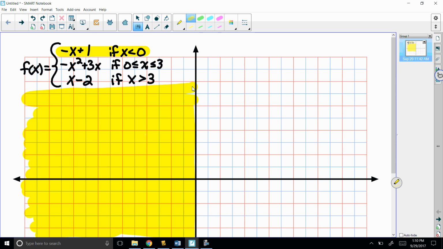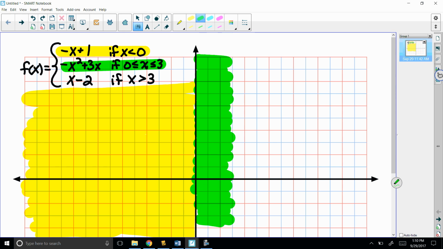So if I wanted to graph just that particular part, I'll come back to that in just a minute. If we look at the second equation, what's the domain for that particular equation? It's between 0 and 3, because domain means your input or your x values. So my domain is between 0 and 3, which is right here.